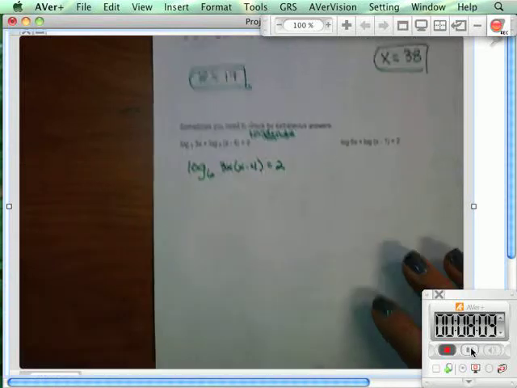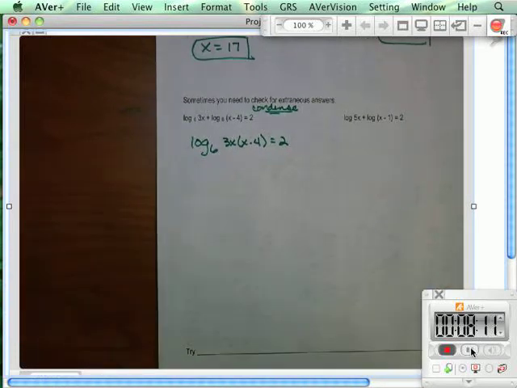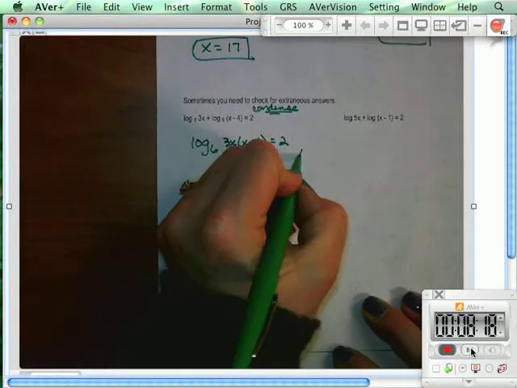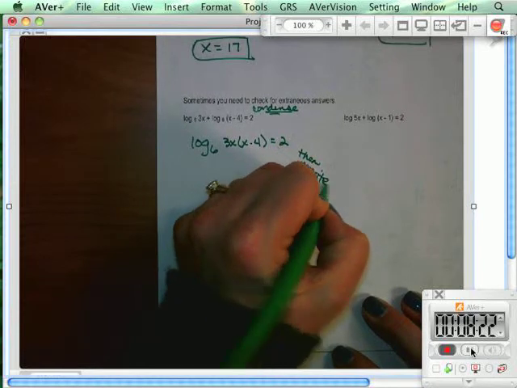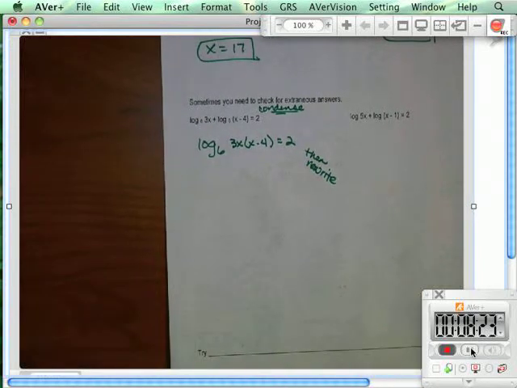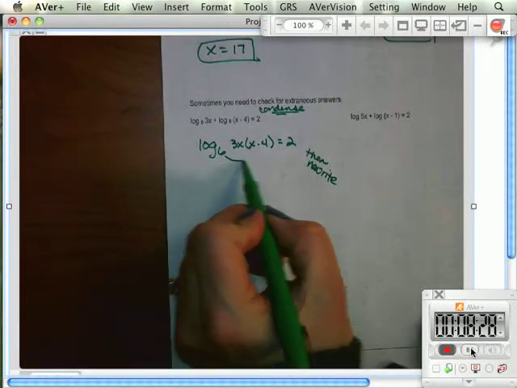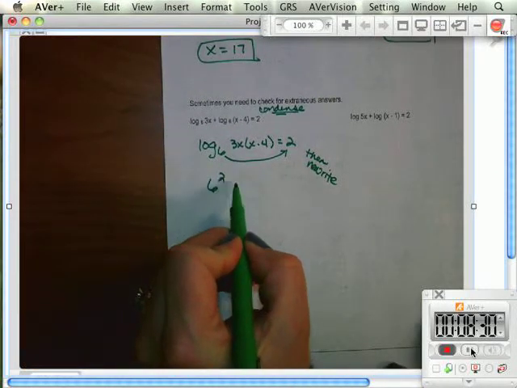So I condensed. Because it was addition, I made it multiplication. Then I'm going to rewrite in exponential form because I really don't know what to do with this right now. So this is what it would look like. It would be 6 squared equals all of that junk.